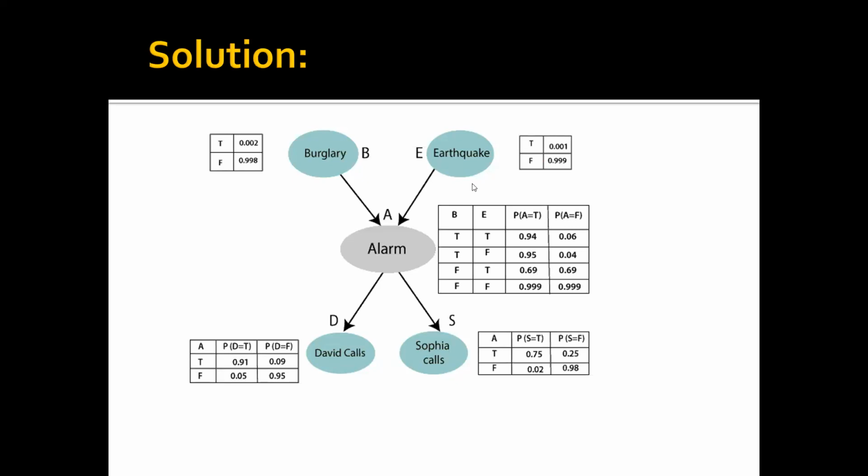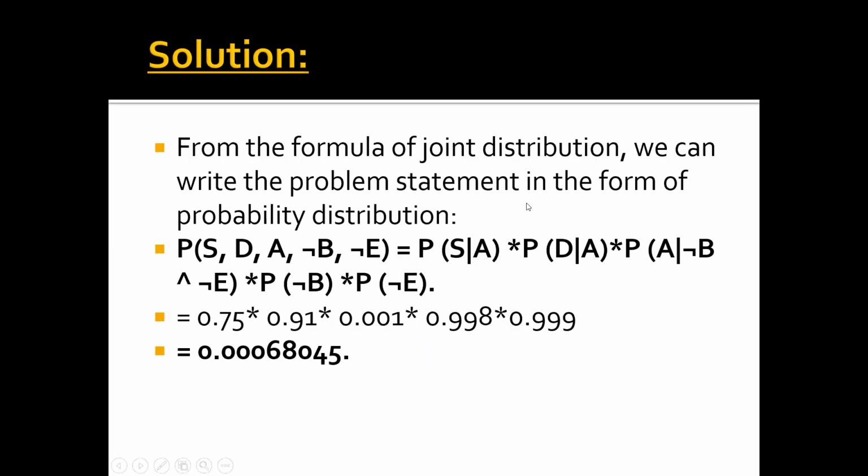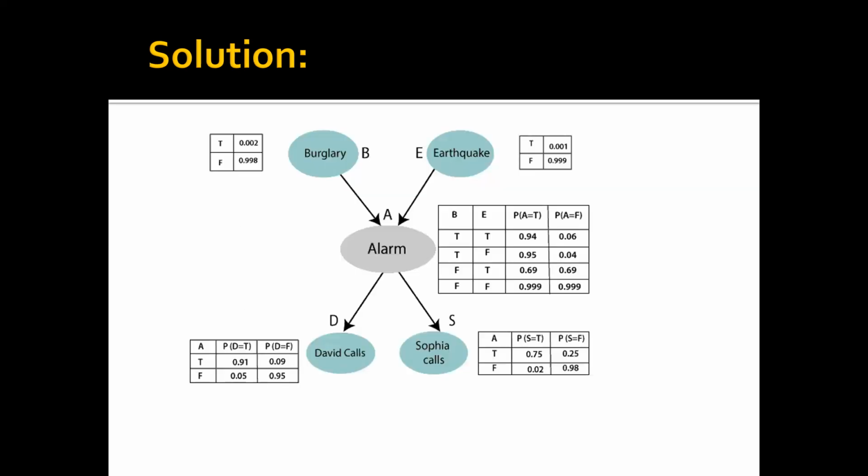But in this case, we were having a value that was P and B by E. So how will we calculate this value? We can calculate the value by multiplying the probability A for negative E and negative B. So negative E is 0.999 and here the negative B is 0.998.